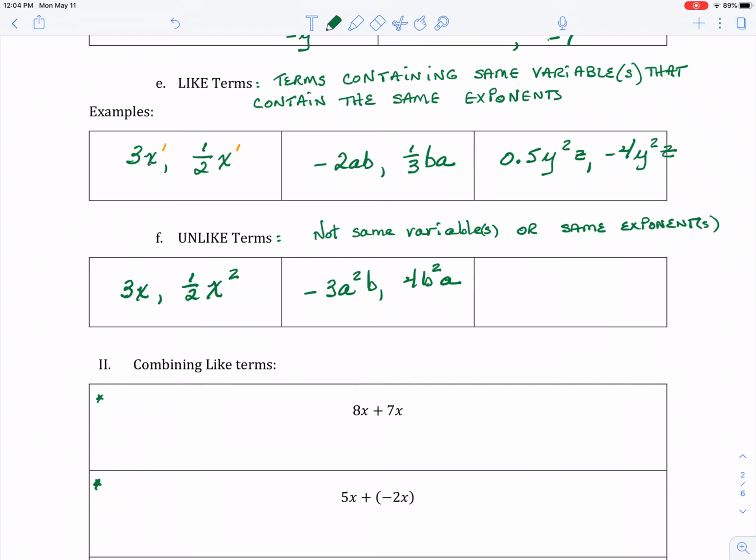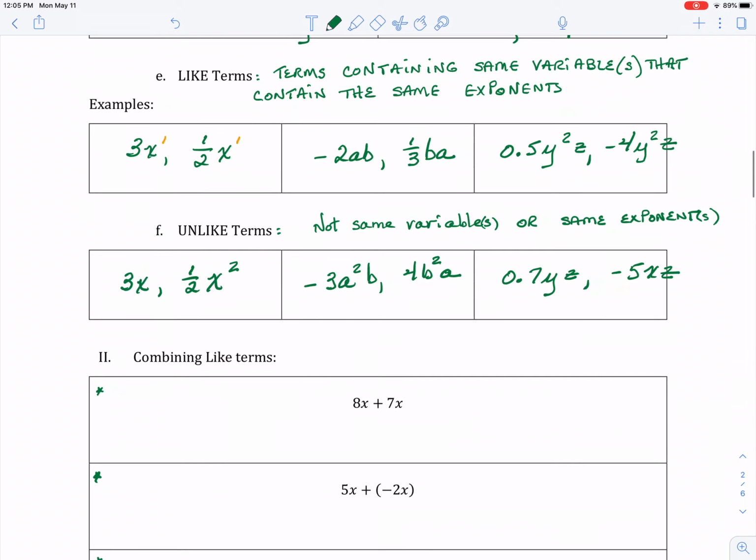They have the same letters, but those letters do not have the same exponents. So those would not be considered like terms. And here, let's say we have a 0.7 yz, and over here we have a negative 5 xz, and those would not be considered alike because they don't contain exactly the same letters.